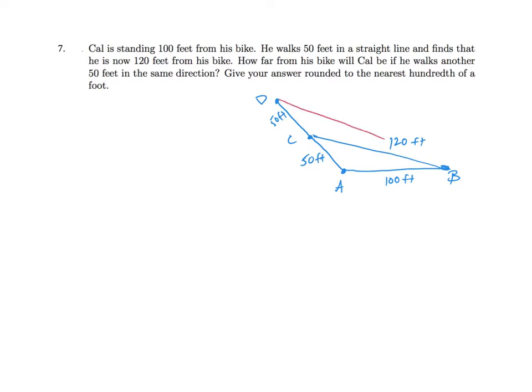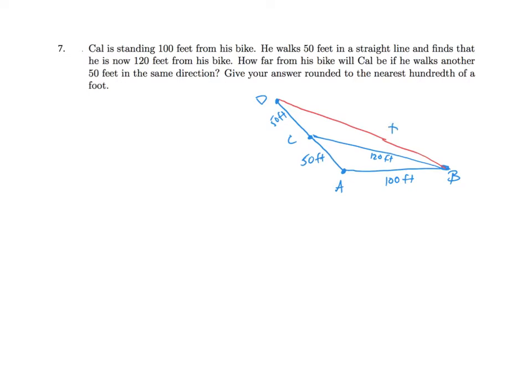So this is what we're trying to find, BD. I'm actually going to move where I wrote the 120 feet a bit and make that a little more clear. So BD is what we need to find. BC was 120. So I'm going to write that here, 120 feet. And we need to find BD, which let's just call X for now.